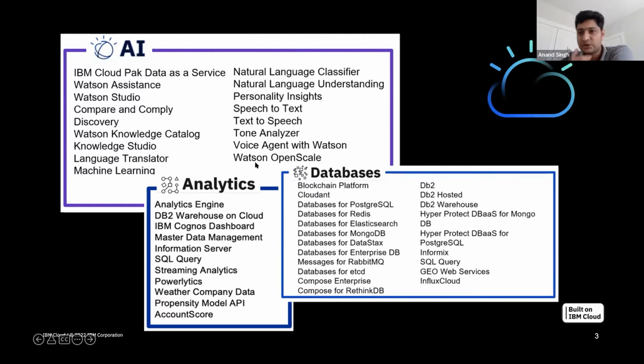So let's go one level more detail in the AI portfolio. I will introduce those three major components, and towards the end, the data science platform, which will be our segue into the demo.